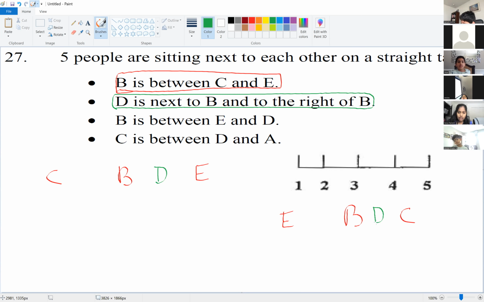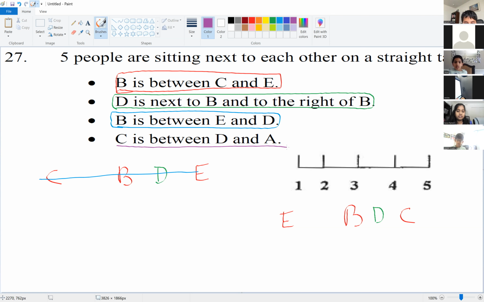So far both of them are correct. Let's look at the next clue. B is between E and D. So where would be E? Is that correct on the first picture? No. So this is out. Is it correct on the second picture? Yes. And the last clue.